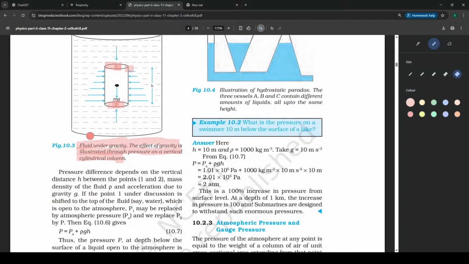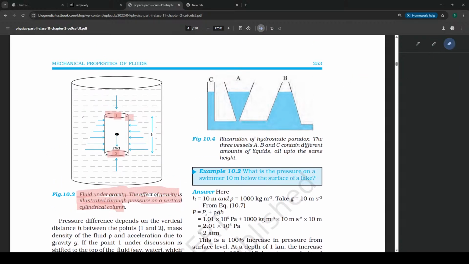It's kind of confusing, but let me clarify it. Here we consider a cylinder. It is a part of the water. We just consider the water to be forming the shape of a cylinder. Now, this water element has a certain mass, let's call it m. Due to this, it experiences a force downward due to gravity, that is mg.